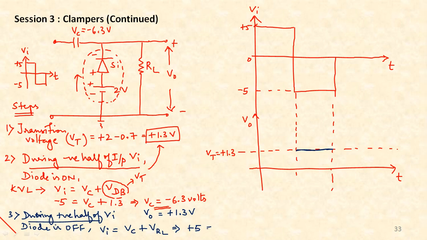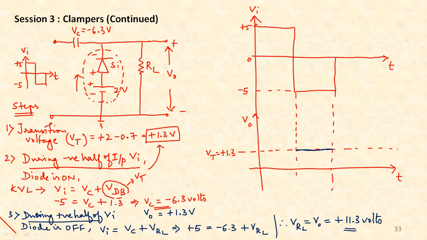So it is plus 5. Vc is minus 6.3 volts plus VRL. Okay, VRL is nothing but our output voltage, and this is equal to plus 11.3 volts.